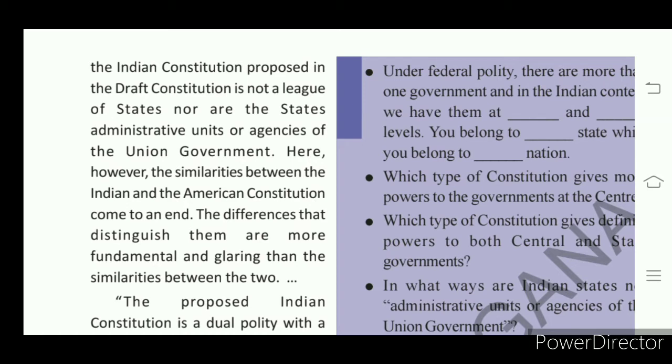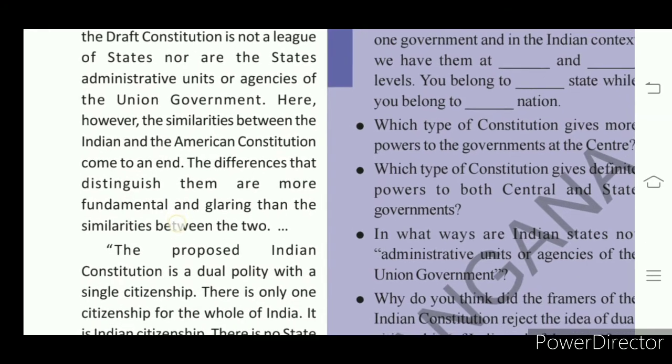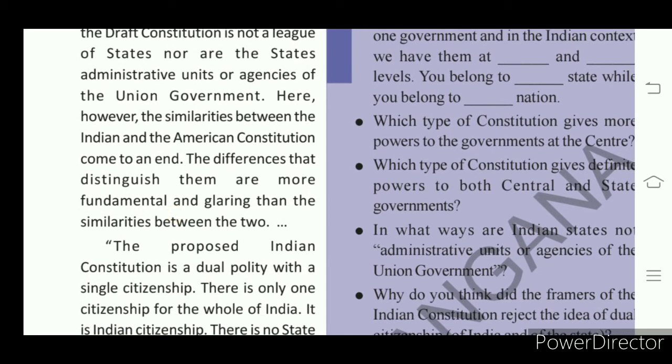The laws of the states are not similar to the laws of the federation. It means we find a dual polity in America and in India.